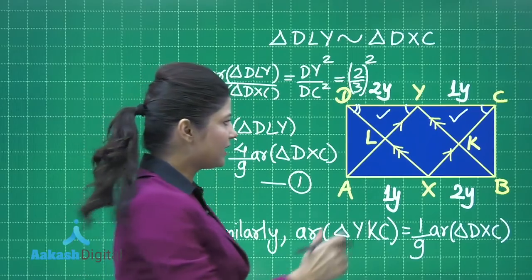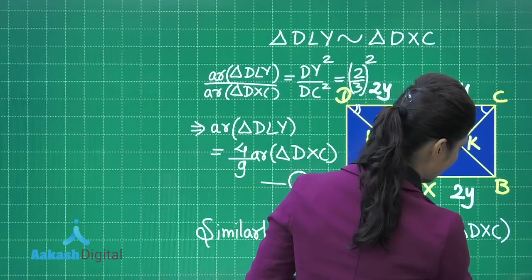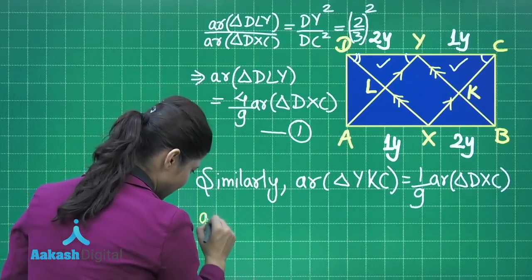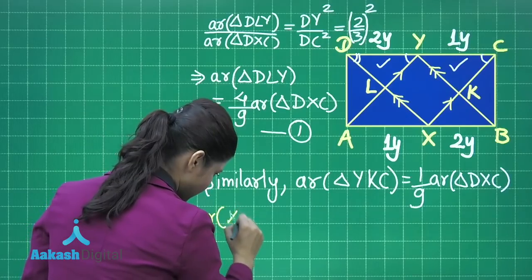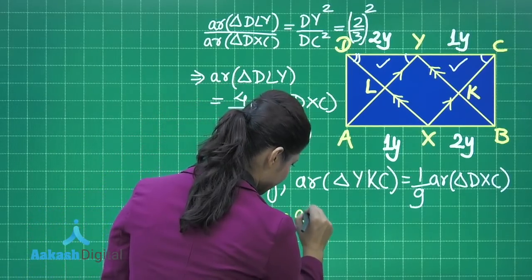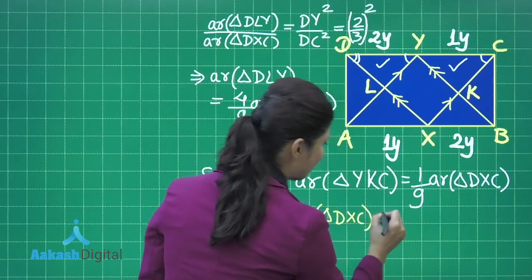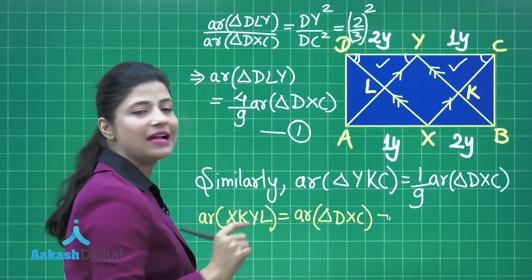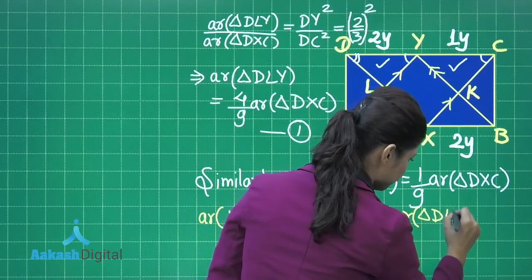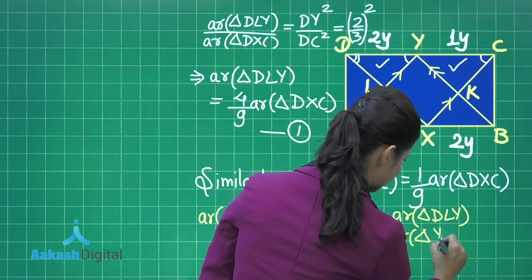So using that, I can obtain area of XKYL. So let's obtain area of XKYL. Next, it could be written that area of XKYL will be equal to area of triangle DXC, and from that I need to subtract these both triangles, that is area of triangle DLY and next area of triangle YKC.